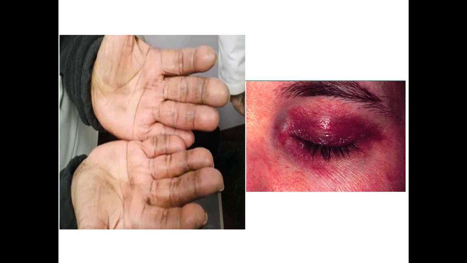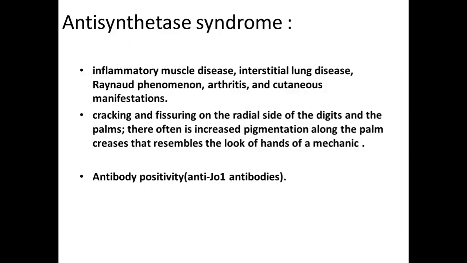All this gives us an idea that we are dealing with connective tissue disease, like antisynthetase syndrome, which is an inflammatory muscle disease with interstitial lung disease, Raynaud phenomenon, arthritis, cutaneous manifestations, and positivity of the anti-Jo1 antibody.